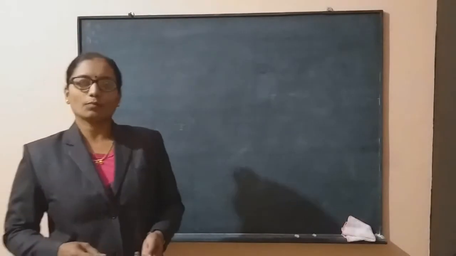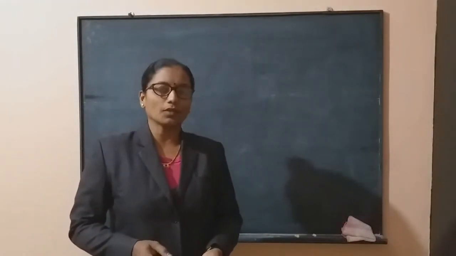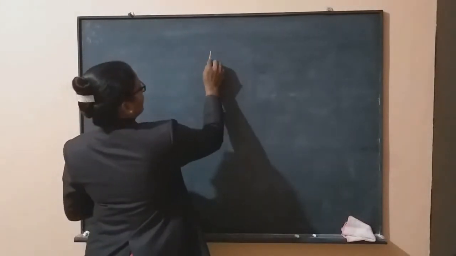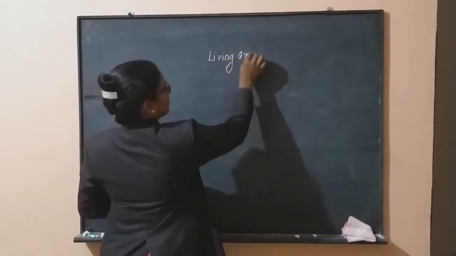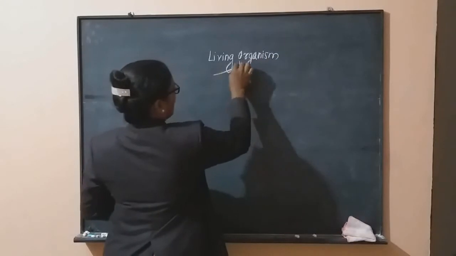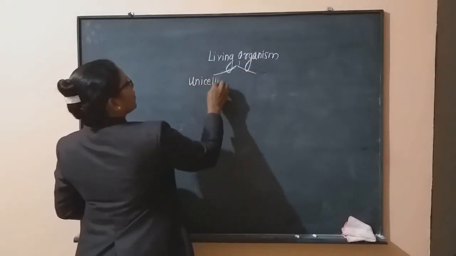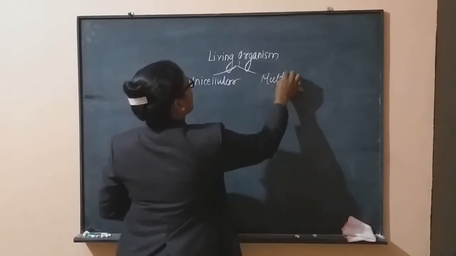The last point from the same chapter, respiration, that is transportation in case of the animal. Now before that, all of you are very well known that living organisms include two types of animals, that is unicellular and multicellular.